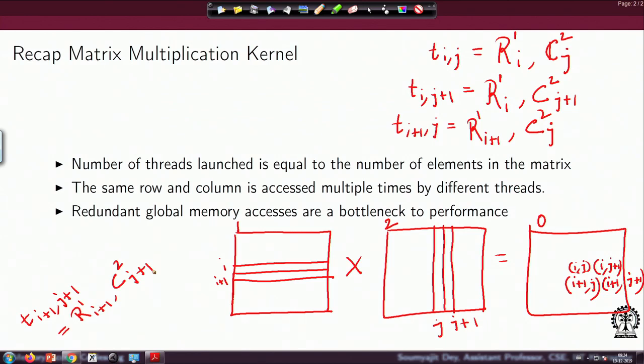For example, the ith row has been accessed separately by 2 threads, who have been computing for this position as well as this position. Similarly, the i+1th row has been accessed by this thread and this thread, right.